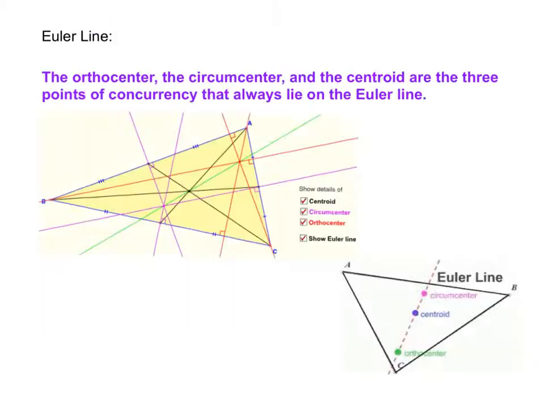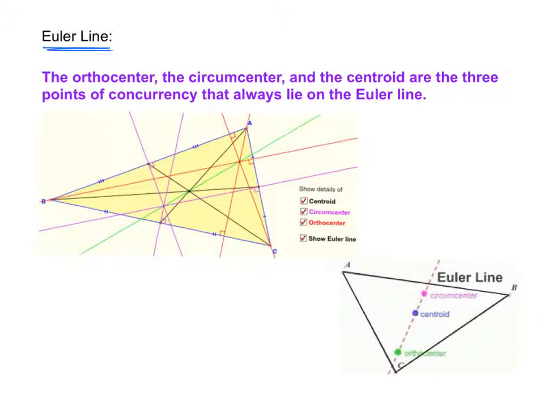So now we've learned about four points of concurrency within triangles, which are the centroid, the circumcenter, the orthocenter, and the incenter. Three of these points of concurrency always lie on the same line.